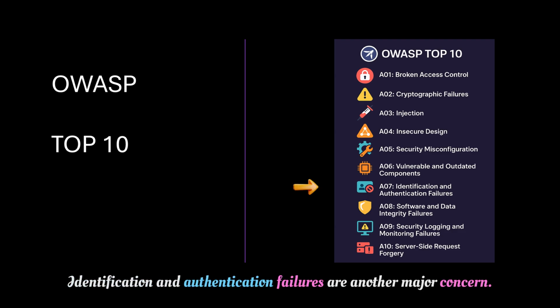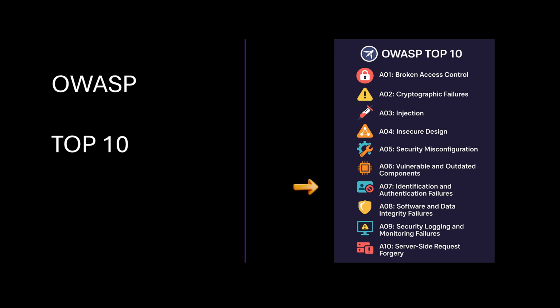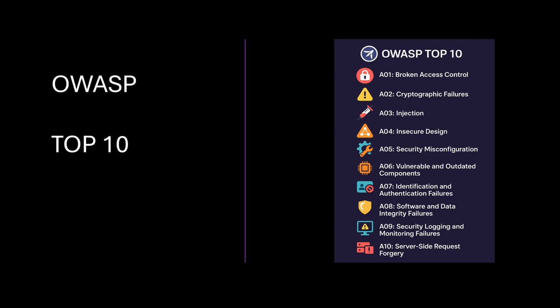Identification and authentication failures are another major concern. If you're missing MFA, using weak credentials, or mishandling sessions, you're leaving doors wide open. You need to lead with a strong authentication strategy that includes step-up authentication, secure token handling, and proper session expiration.